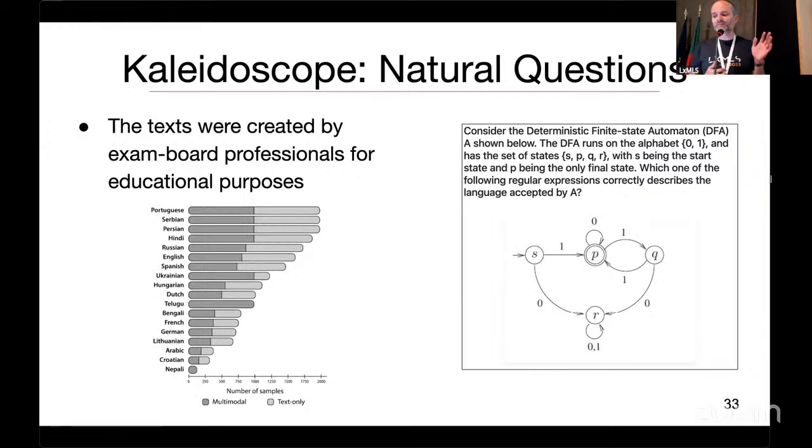And we try to have a good distribution between multimodal and text-only samples. And here's an example on the right-hand side in English, which is a real example from our dataset. And I chose it for the summer school because I thought everybody probably knows what a finite state machine is in this room. And this is actually quite a reasonable question to encounter in a computer science exam.